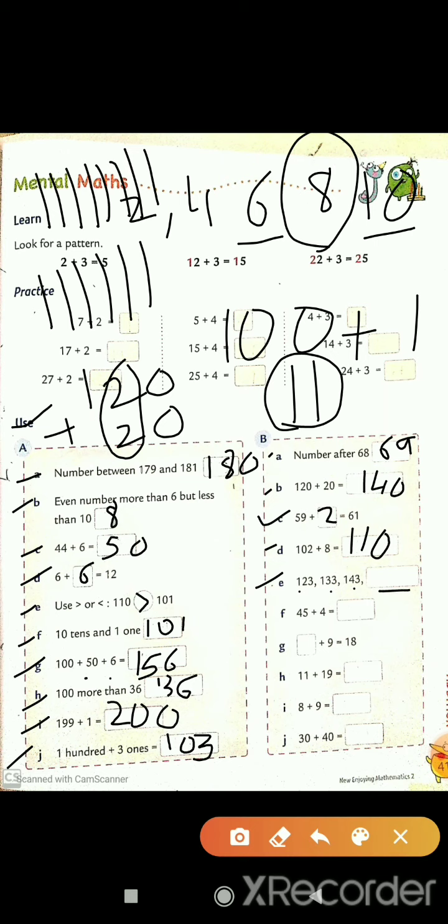Students, look at the tens place: 2, 3 and 4. So what will come after 4? 5. And the hundreds and ones will remain the same. So the answer is 153. Next, 45 plus 4. So 45, then 46, 47, 48 and 49.